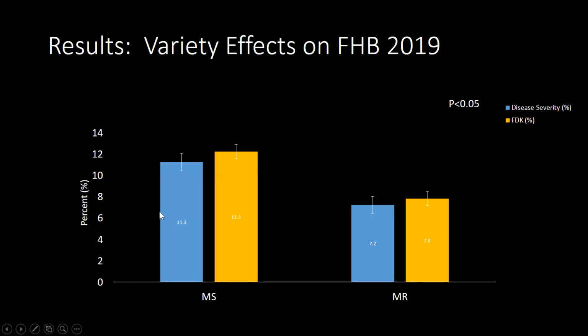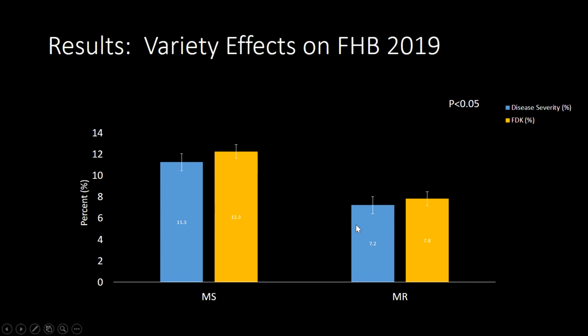that they're just not due to chance. So if we look at the effect of variety here, moderately susceptible, moderately resistant, on the percentage of those heads that have Fusarium head scab, you're looking at, I don't know what this is, probably about a 30% reduction or so just by going from moderately susceptible to moderately resistant, both in terms of the disease severity and the percentage of Fusarium damaged kernels.